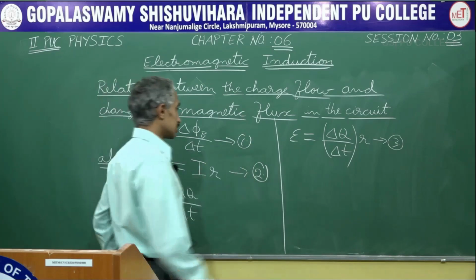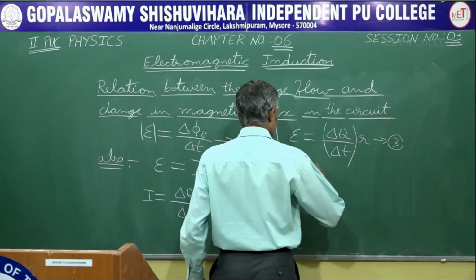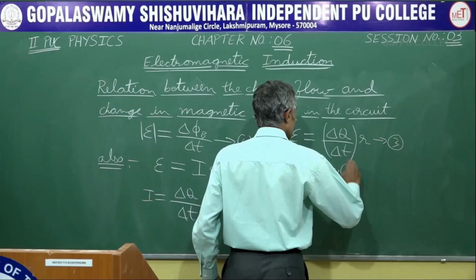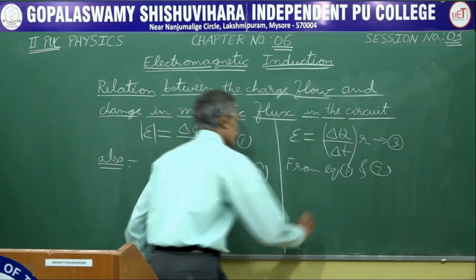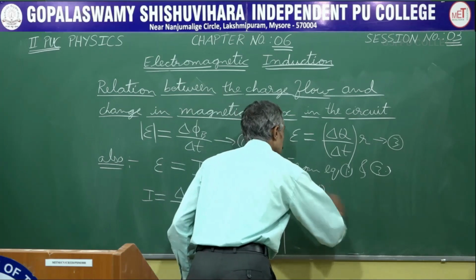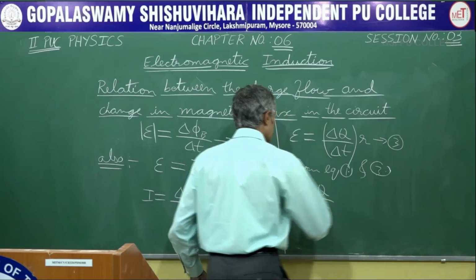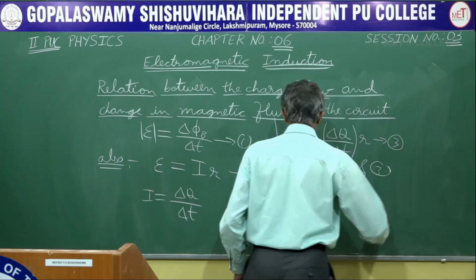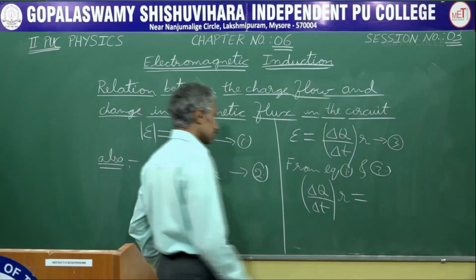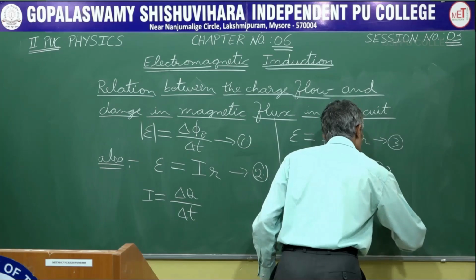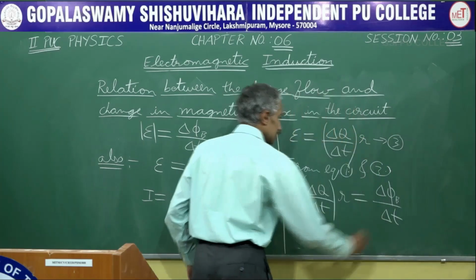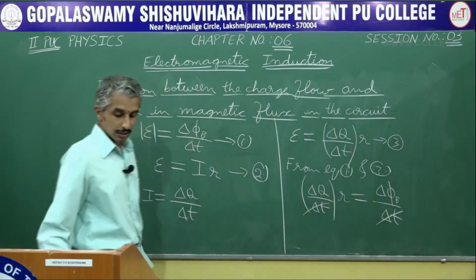So, from equation 1 and 3, we can write delta Q by delta T into R is equal to delta phi B by delta T. Delta T and delta T get cancelled.